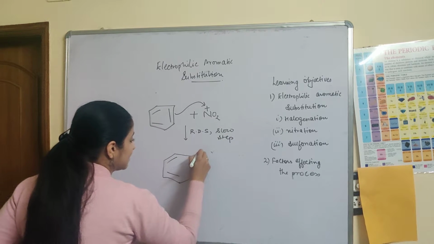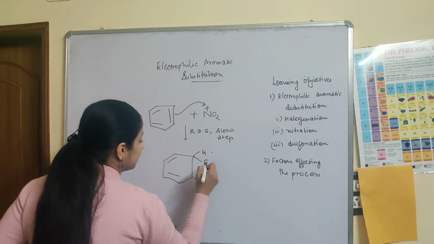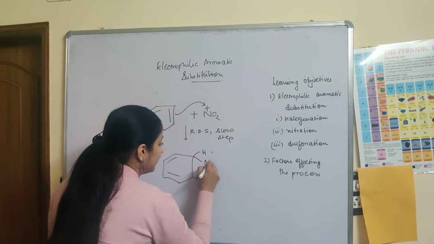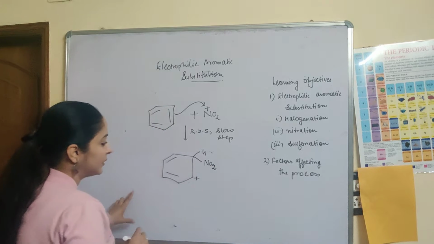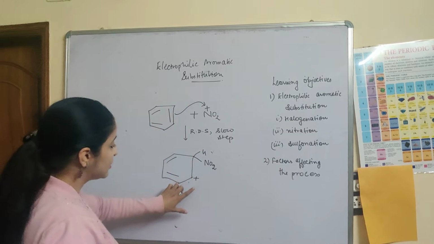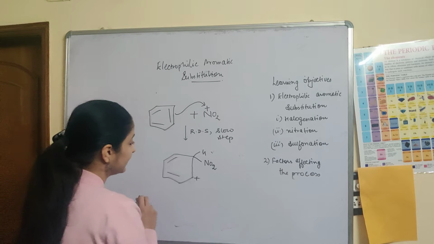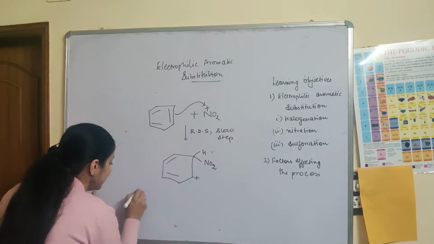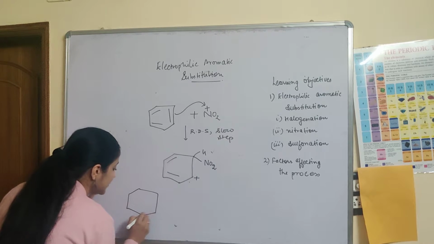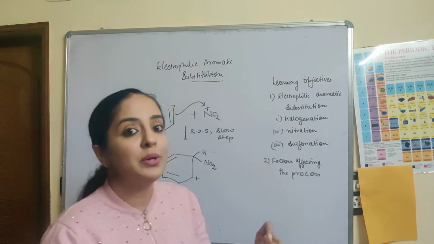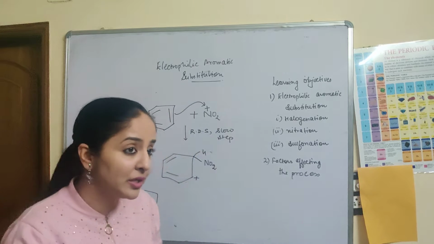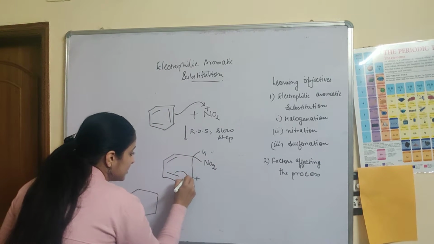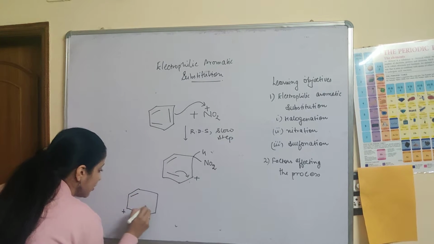So let's go to this. Now what is the electrophile here? NO2+. So this has taken up the pi electrons, so there's a positive charge here. Alright, students. Let us draw the resonating structures of this, and you will see how it is being stabilized, as I showed you earlier for chlorination and bromination also. So this is one structure.